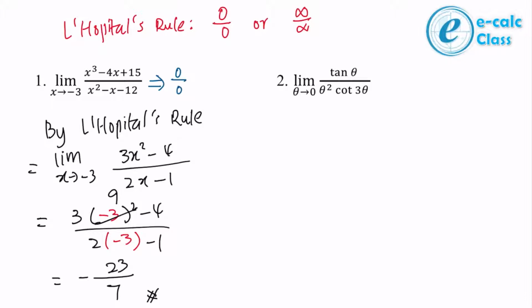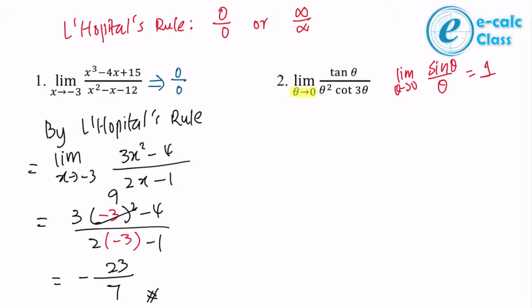Okay, one look at it, you see theta approaching 0 and you have all the trigonometric functions. So your first guess should be, maybe you need to make use of sine theta over theta, isn't it? The limit as theta approaches 0 of sine theta over theta is equal to 1.